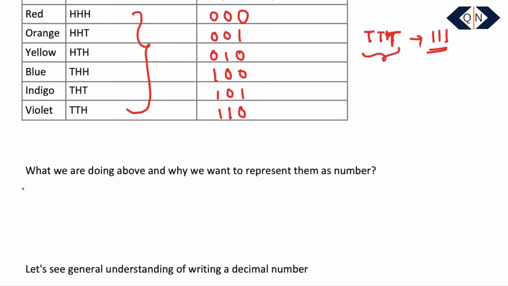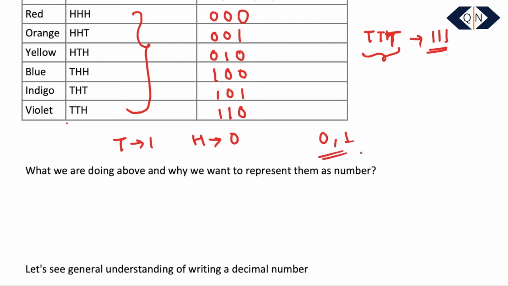So what we are doing above, and why do we want to represent them as numbers? What we are doing above is only codifying, only replacing T with 1 and H with 0. And why are we doing so? Because you might have heard that a computer understands only 0 and 1.